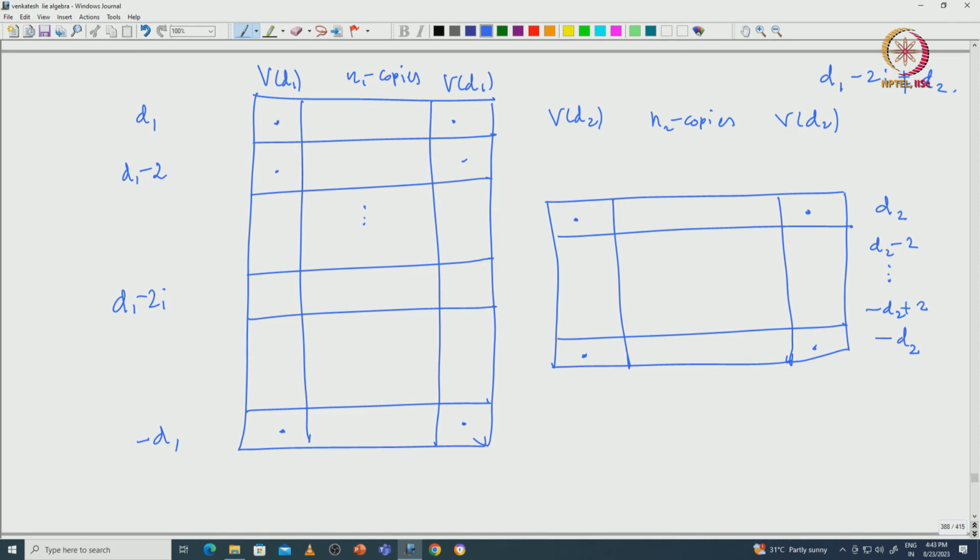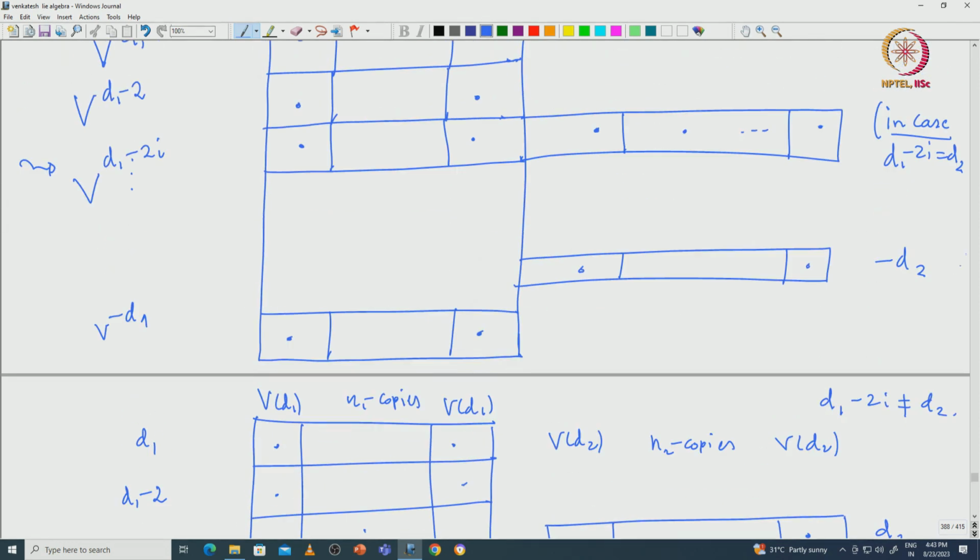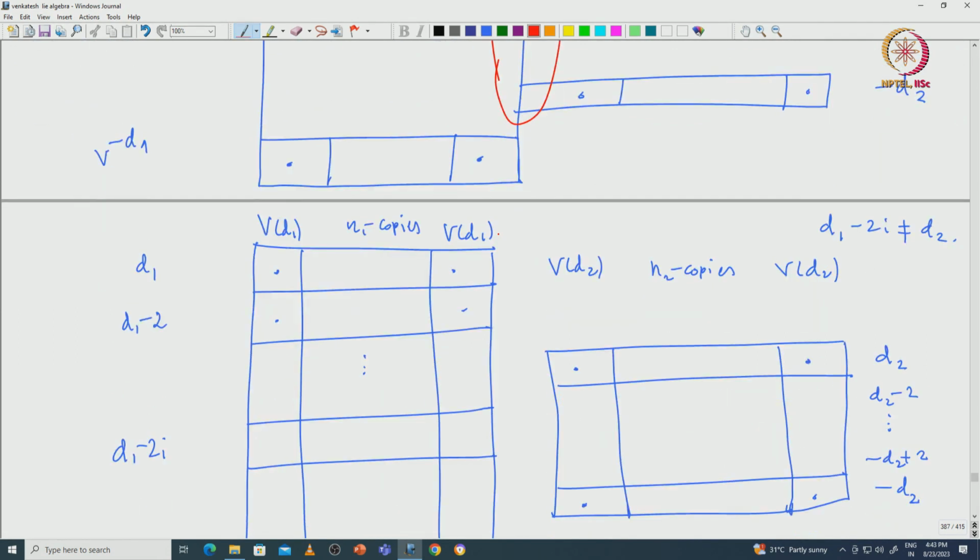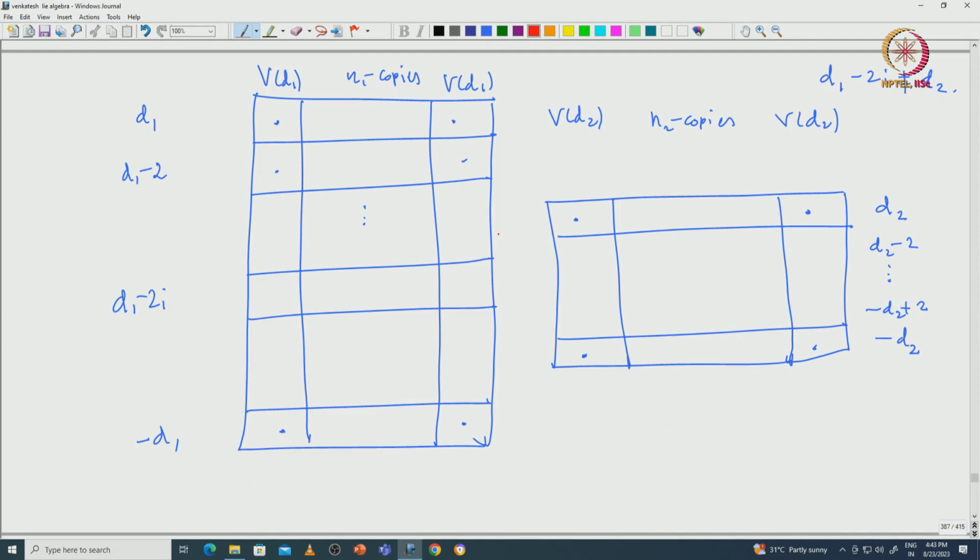These two figures cannot match here, whereas here this is matching. So, you can see that the contribution of the D2 eigenspace inside capital V will be the same as just these N2 copies.